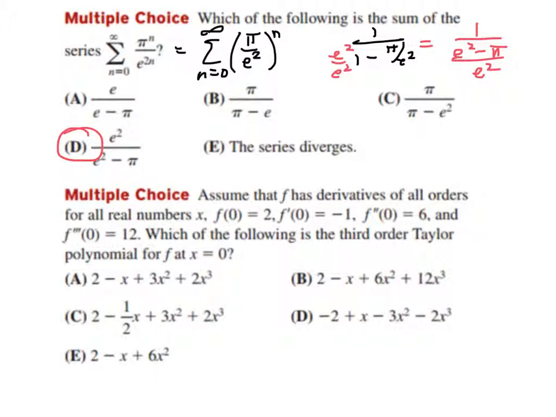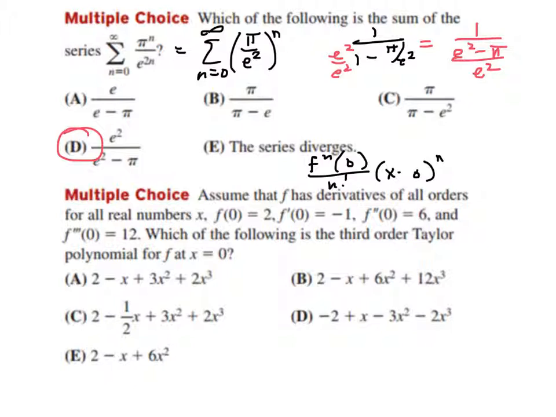Next, assume that f has derivatives of all orders and gives us a set of derivatives and asks what is the Taylor polynomial. Well, Taylor, remember, is the nth derivative evaluated at, for us, 0, since that's what we're about here, over n factorial, and then x minus, in our case, 0 to the nth power.